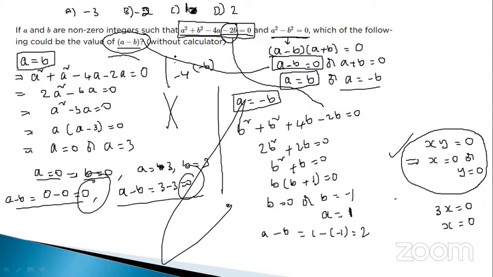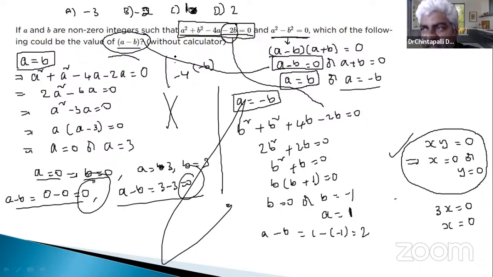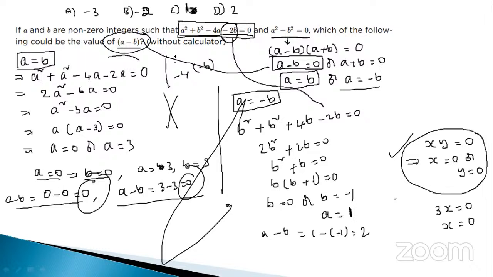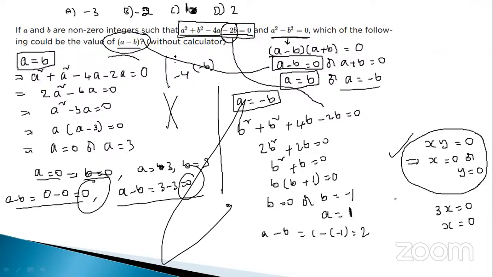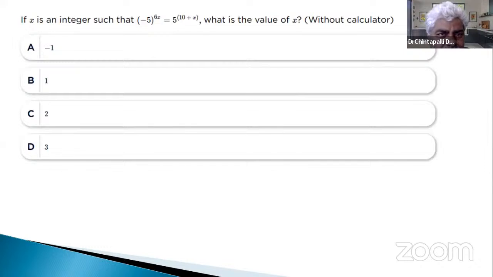There are categories like this for SAT questions: easy, medium, hard, and challenging. Challenging means hardest.